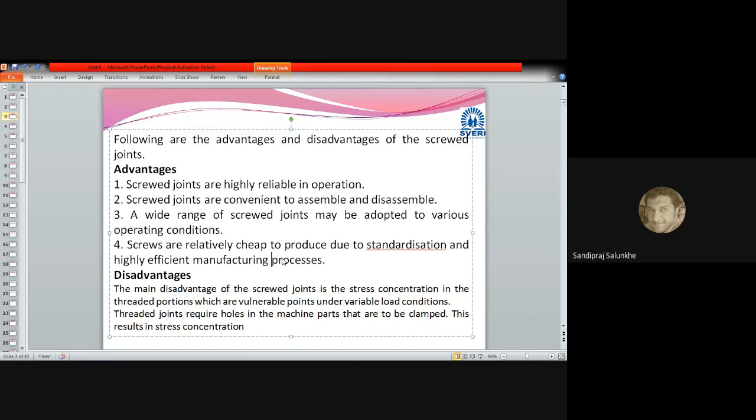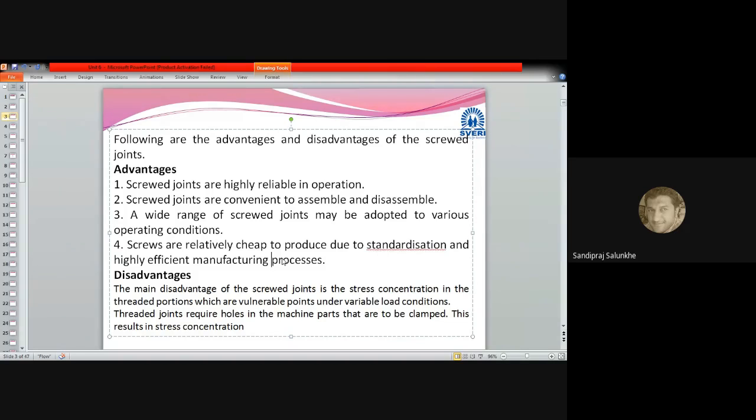And the load which is varying with respect to time, you are going to call it dynamic loading, and variable stress will get induced in that component, and hence the cost of that material will get increased.